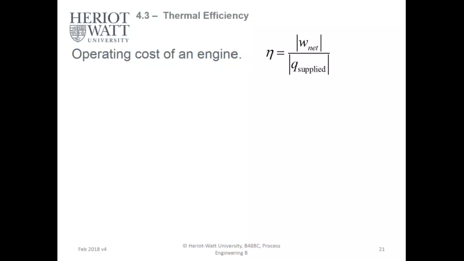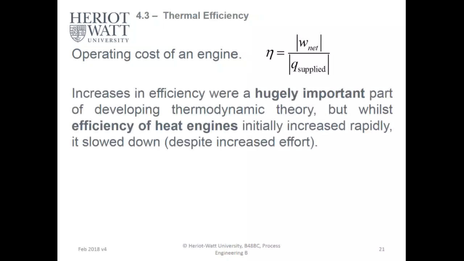So you can determine the operating cost using the efficiency. So if you know how much energy you're putting in, and how much work you're getting and how much energy you can get out, then you can calculate the cost of your system. An increase in efficiency is quite important, and it's been the principle of developing these heat engines. But there is a limit to the amount of efficiency you can have.